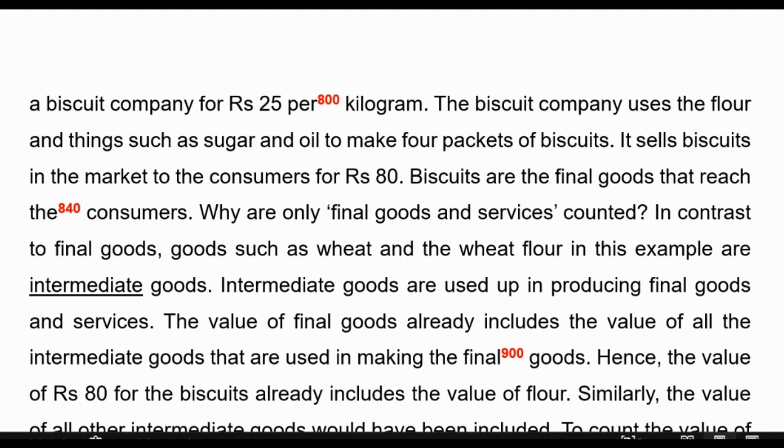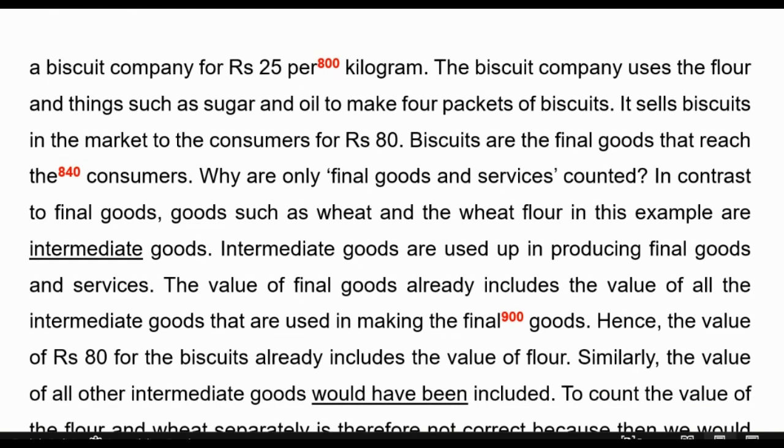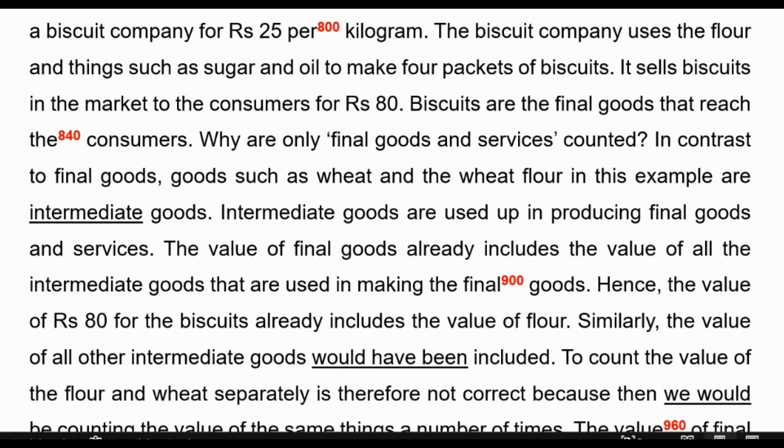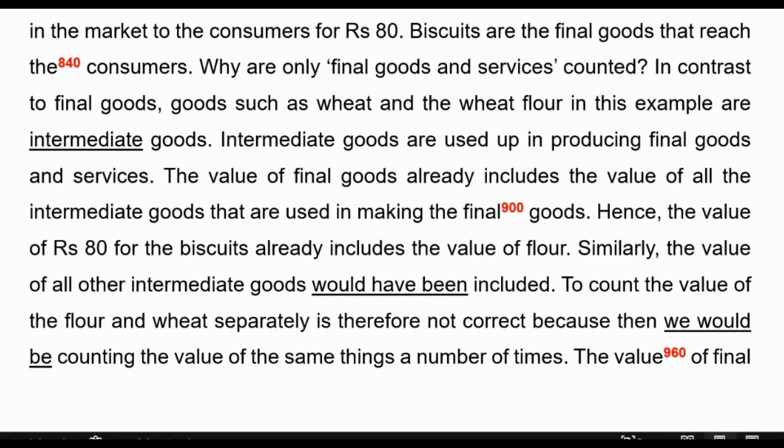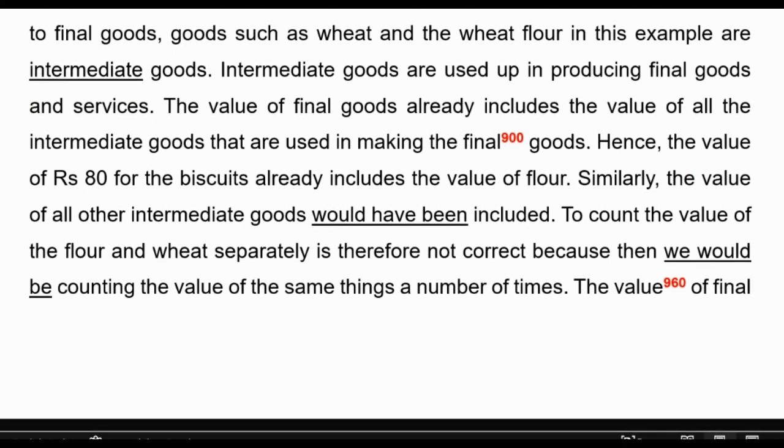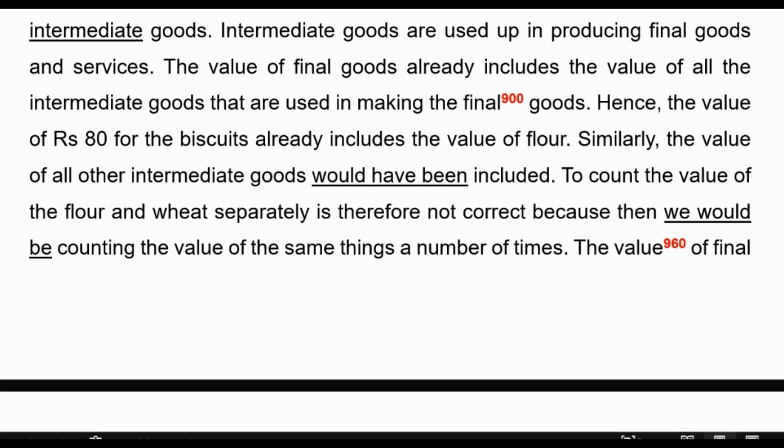Hence, the value of rupees 80 for the biscuits already includes the value of flour. Similarly, the value of all other intermediate goods would have been included. To count the value of the flour and wheat separately is therefore not correct, because then we would be counting the value of the same things a number of times.